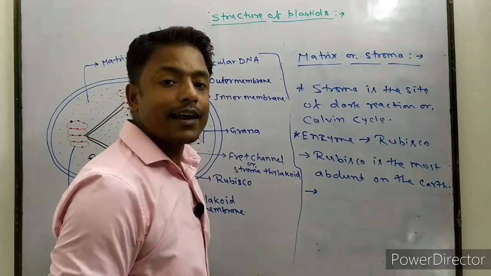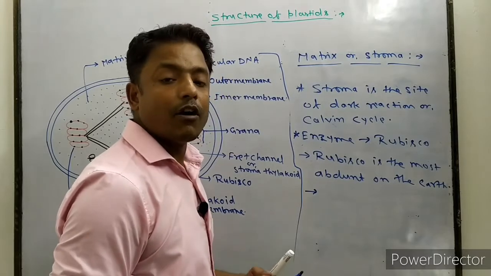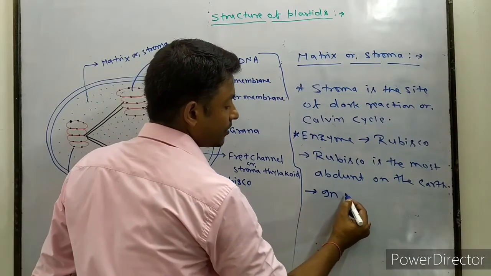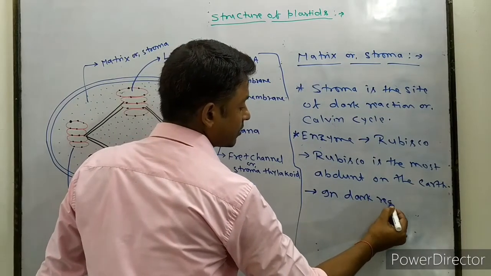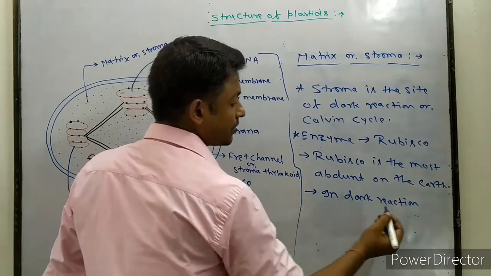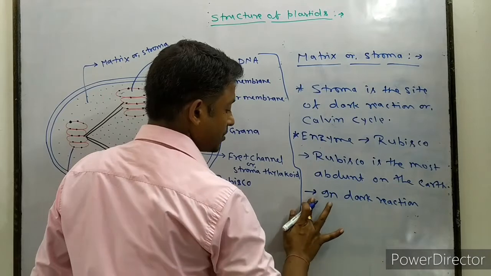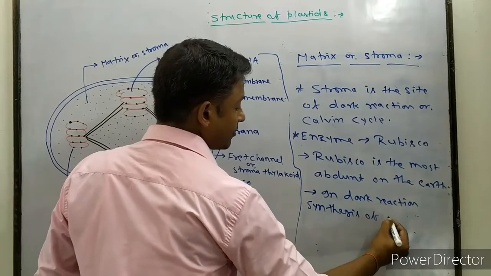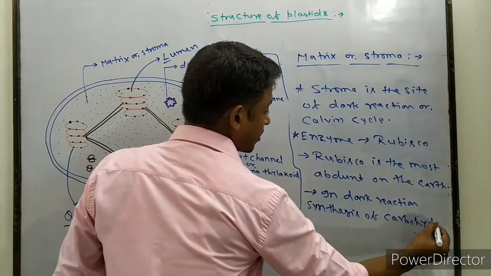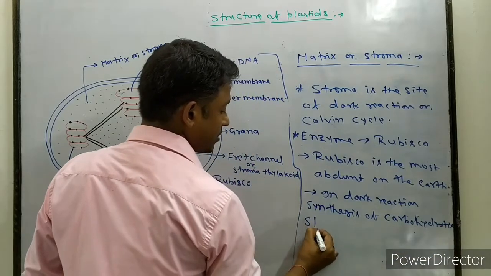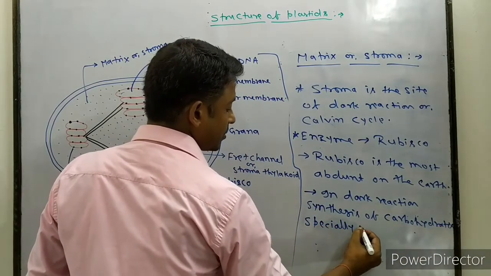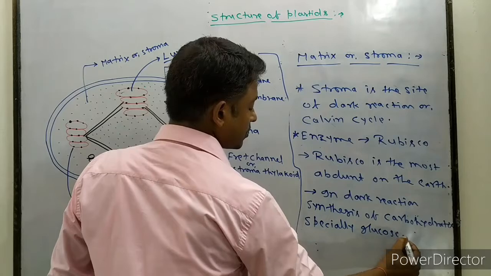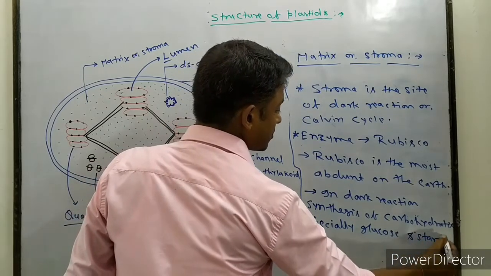In dark reactions and Calvin cycles, basically carbohydrate molecules are formed: synthesis of carbohydrates, especially glucose and starch molecules.